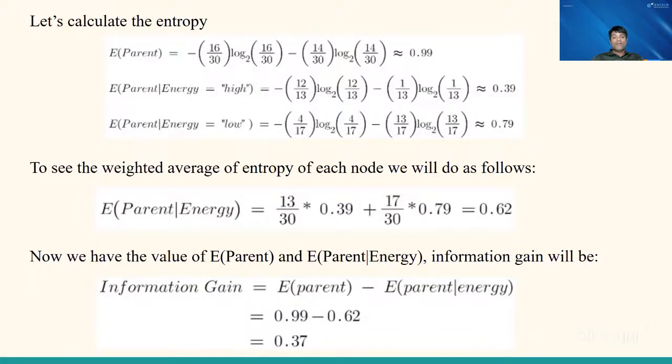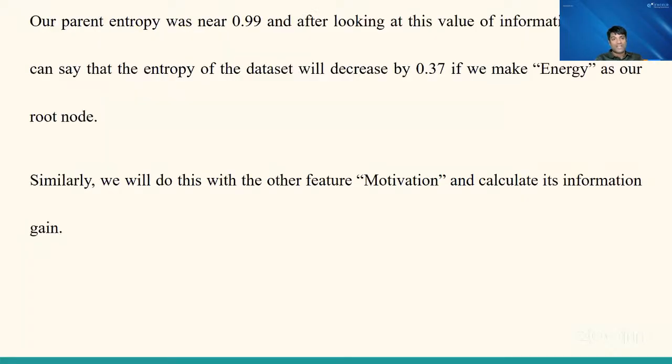To use the information gain, you cannot use the two values directly, so we go with the weighted average method. Then we go with the information gain, and here you can see that the information gain is about 0.37.